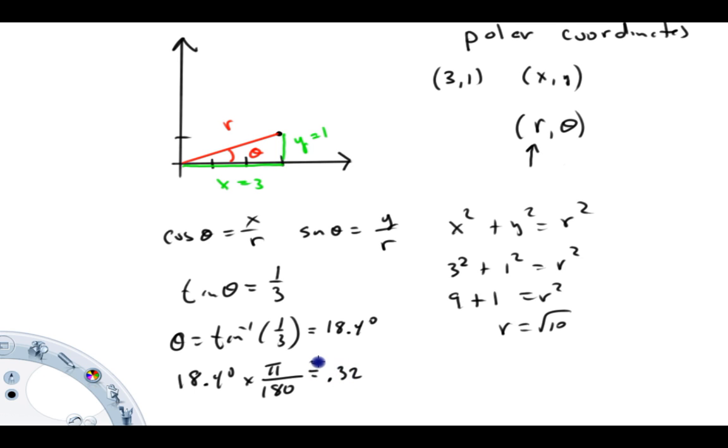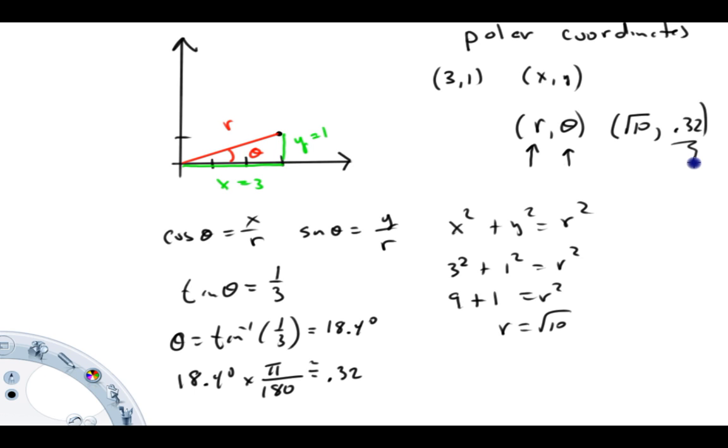So that's approximately 0.32. So what we've discovered here is the Cartesian point (3, 1) can be expressed in polar with an r and a theta, and that would be square root of 10, 0.32 radians. Typically, when you express angles in polar, you express them in radian form.